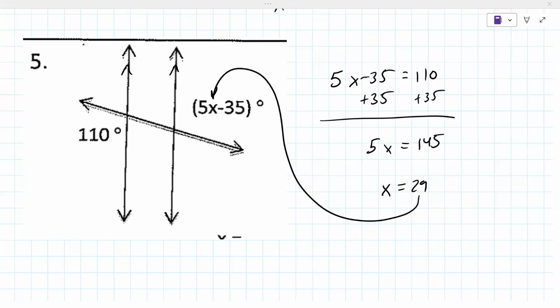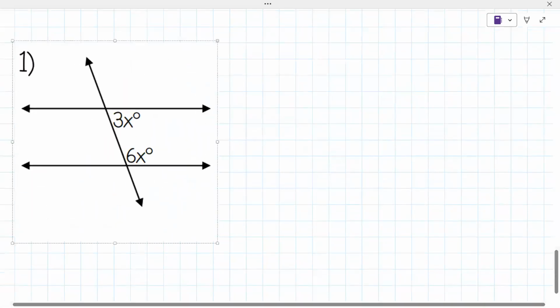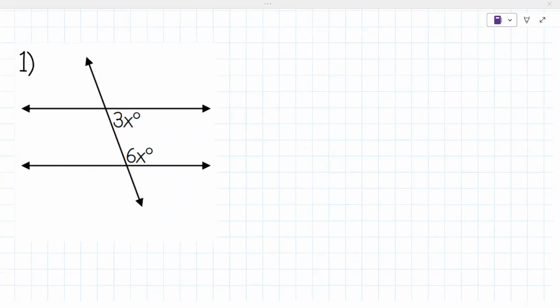Let's look at some other problems here. Okay, here is another possibility. What kind of angles are these?